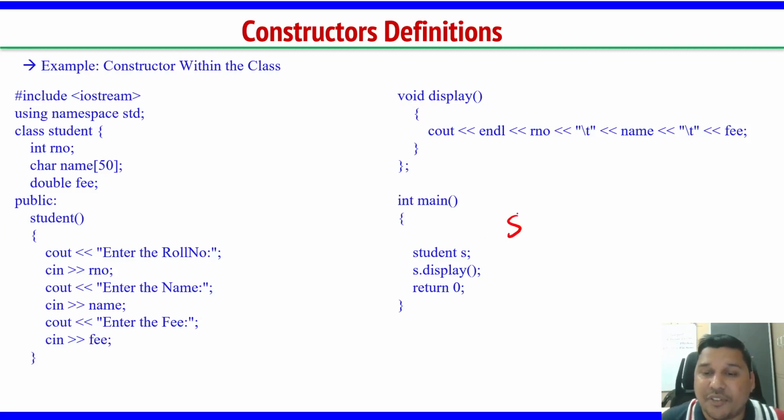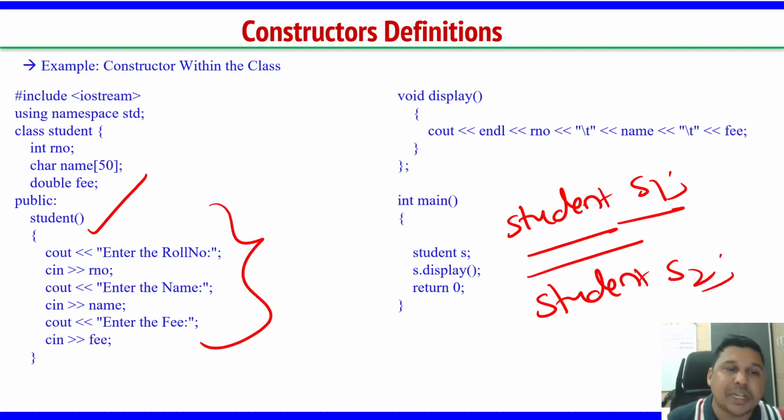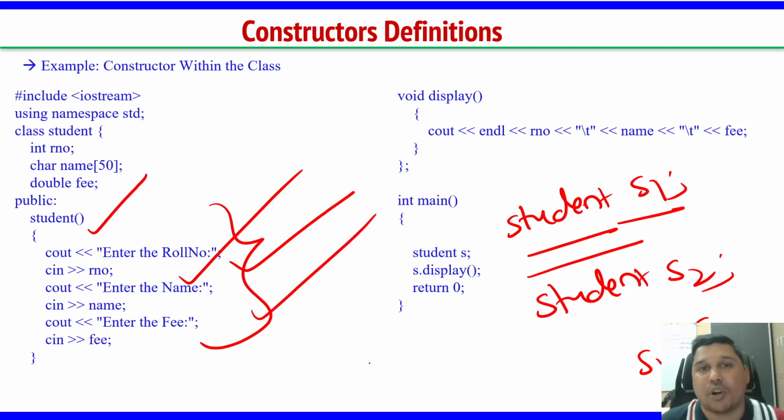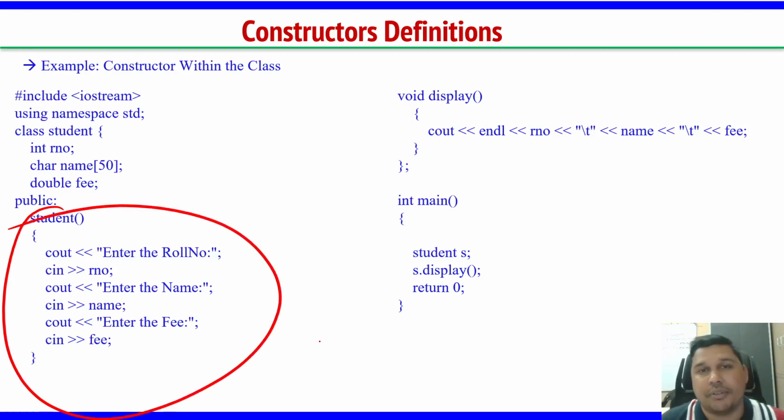For example, if I create an object Student S1, this will be executed. Again, if I create another object S2, this will be repeated. Create S3, this will be executed. Create S4, this will be executed by default. N number of objects you create, n times this constructor will be executed.